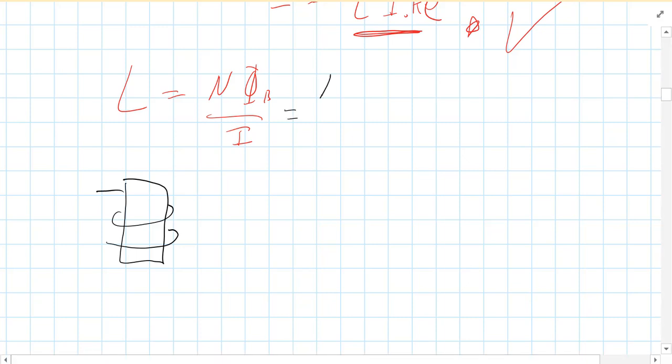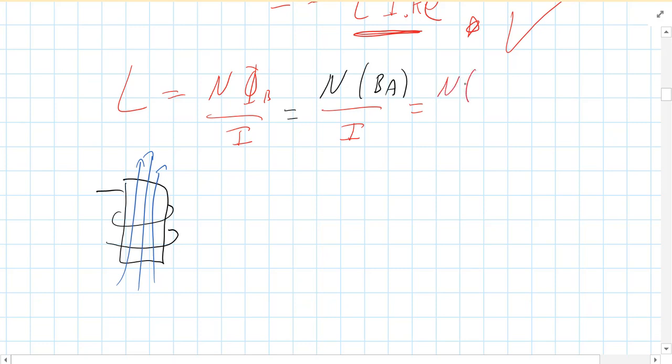We have a number of turns. Magnetic flux is B times A. Within the solenoid, B is fairly constant, so you can just take B times A there, over I, and you end up with an N. Now, the magnetic field for a solenoid, which we figured out a few chapters ago, is mu naught times the number of turns per meter times I. So that's your B, and then you have the area of that solenoid, which would be pi r squared.